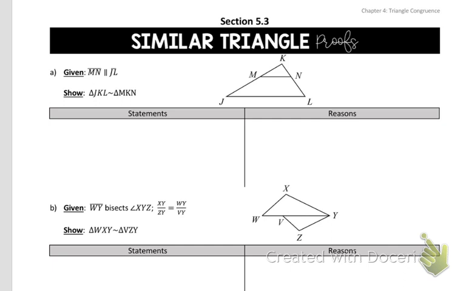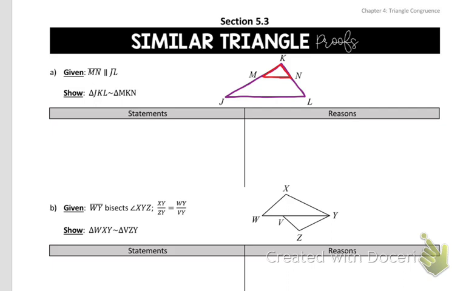So we're going to go ahead and do a proof. We're going to prove that those two triangles are, in fact, similar. If we look at this, they're talking about the big triangle here is similar to that little triangle here. So I got red to purple.